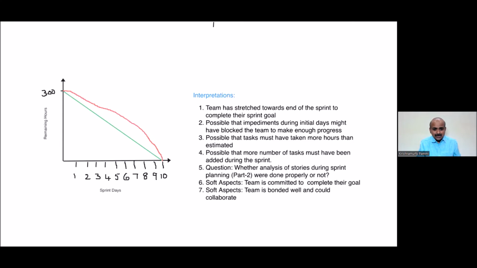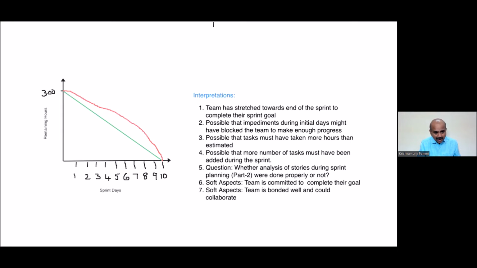And the third possibility is that some of the tasks must have taken more hours than estimated. So they must have taken more work than estimated. And the fourth one, it is possible that more tasks have been added during the sprint.